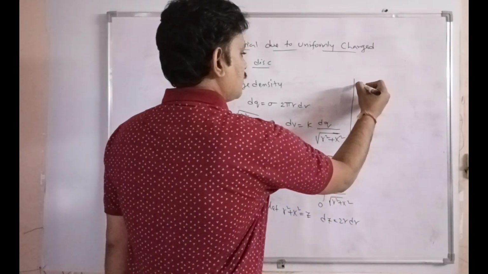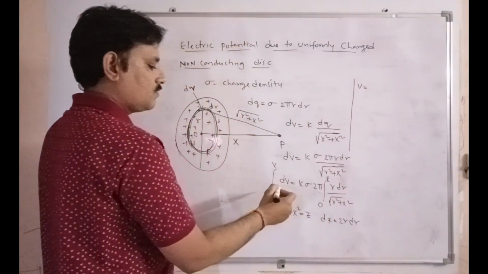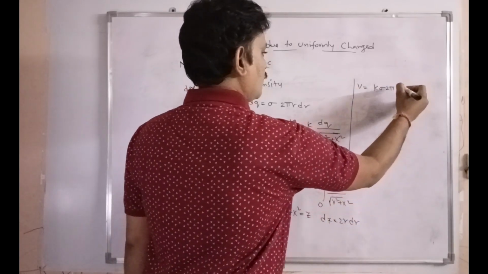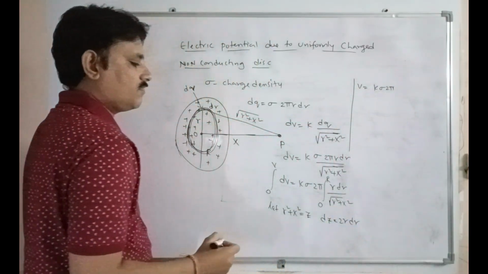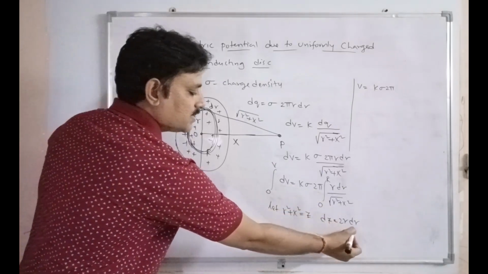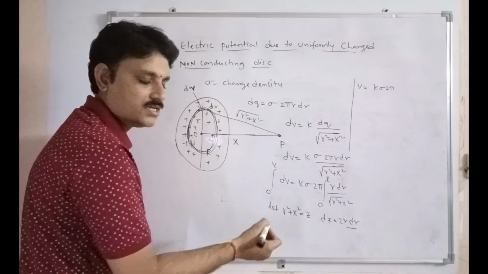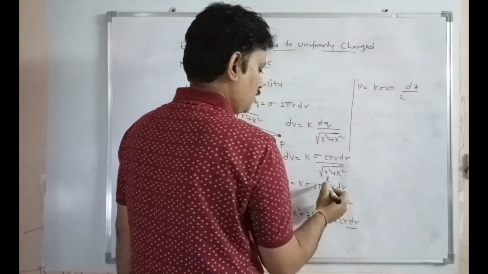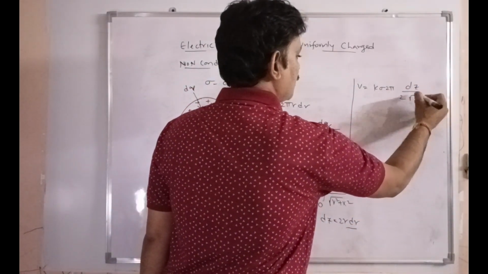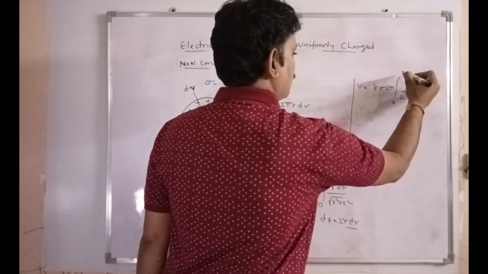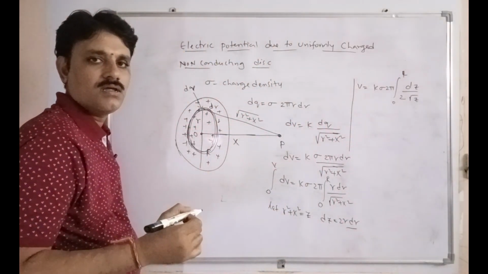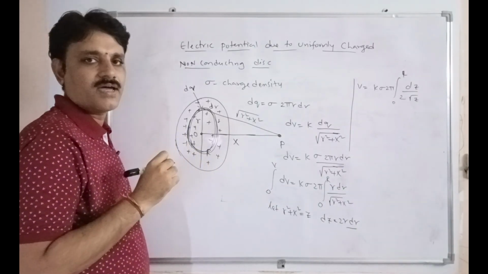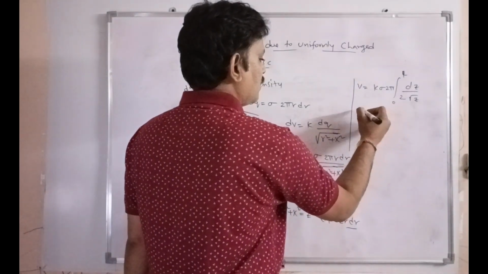So the potential V is equal to k into sigma into 2 pi into the integral of r dr by root r square plus x square. In place of r dr, substitute dz by 2, so dz by 2 into root z. Integrating the factor dz by 2 root z, we get the result.